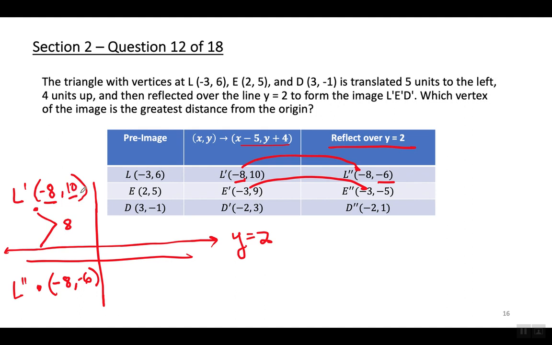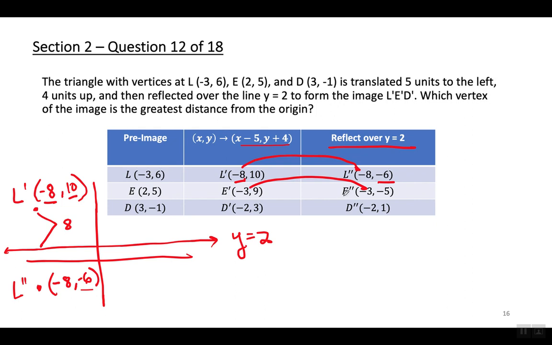Así que tienen que imaginar si este punto está en la línea donde y es 10 y lo vamos a reflejar sobre la línea donde y es igual a 2, 10 está 8 unidades arriba de 2. Así que si lo reflejo sobre la línea y igual a 2, tiene que estar 8 unidades debajo de esta línea. Así que tengo que hacer 2 menos 8 para ponerlo 8 unidades debajo, que sería -6.